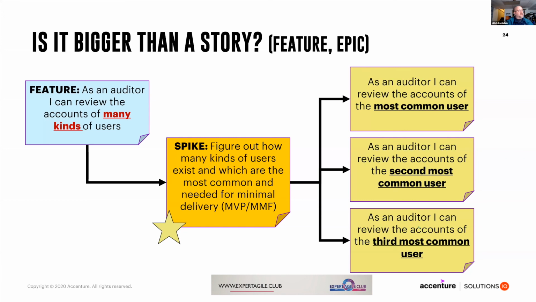They both kind of mean the same thing: the least amount of functionality that satisfies a customer need. If I go through this spike, then what I'll end up with is 3 stories. I'll start off delivering the ability to do the most common type of user, or the most important type of user, and then the second most, and the third most, et cetera. But I need that spike time to dig in a little further and break that feature down into work that's small enough to be done in an increment. And that's what we mean by a user story: small enough to be done in an increment.